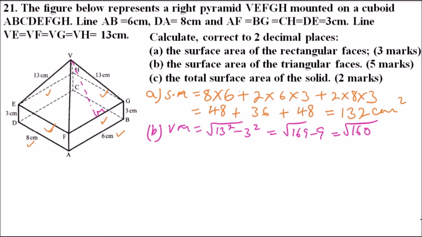So we can say area of that side, area of VFG plus area of VEF should be equal to 2 multiplied by a half, base is 6, multiplied by height, which is the root of 160.